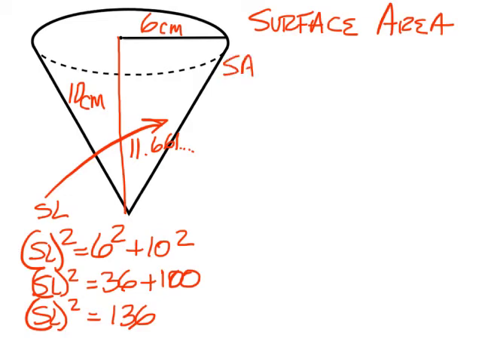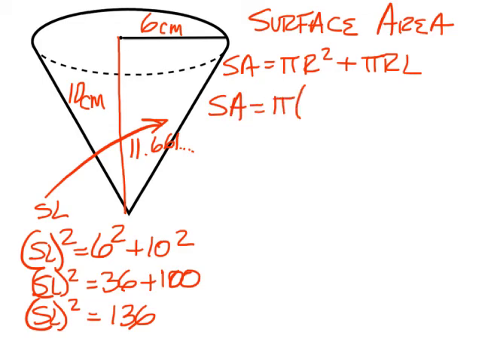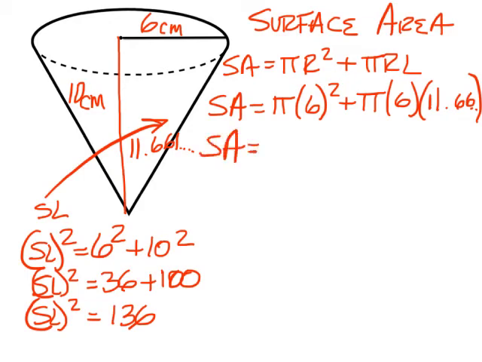Go back to the formula. Pi r squared plus pi rl. So the surface area is pi times 6 squared plus pi times 6, and then times what's in your calculator, and I'll just put 11.66 in the formula for right now. So what you're going to have to do is work backwards. Start with this part over here.